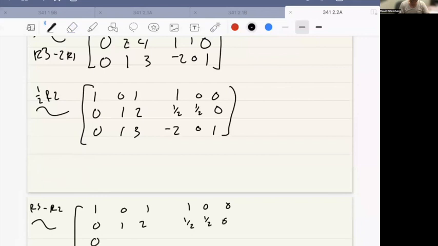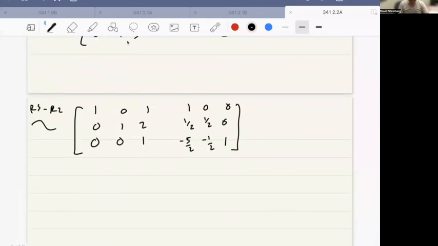And now 0, 0, 1. Row 3 minus row 2. Negative 2 minus a half is negative 5 halves. But 0 minus a half is minus a half. And then 1 minus 0 is still 1.